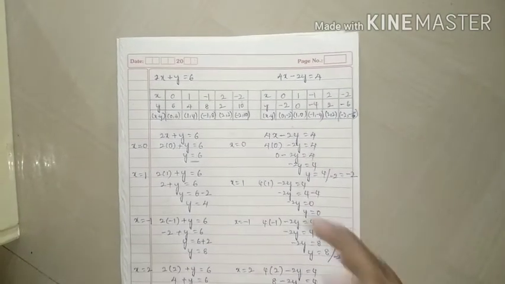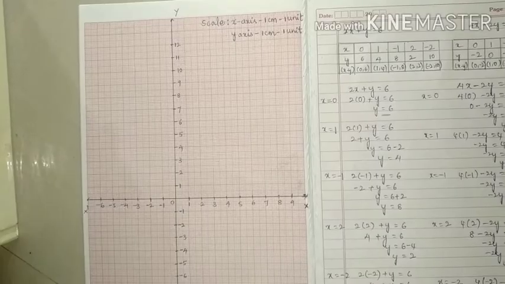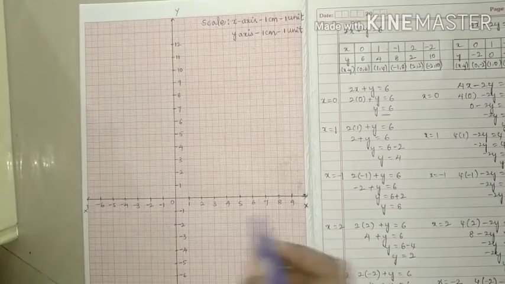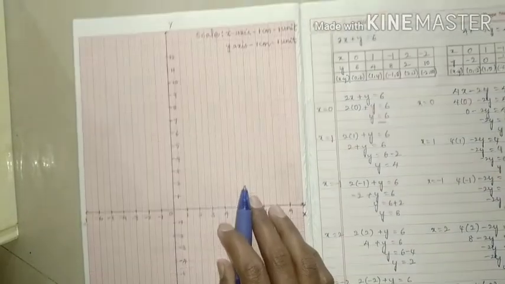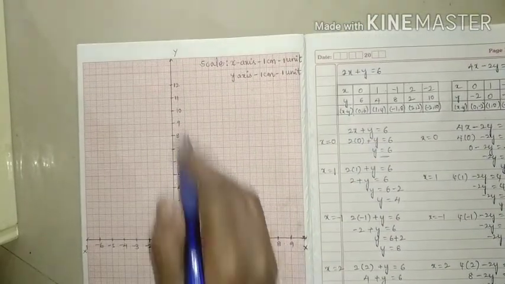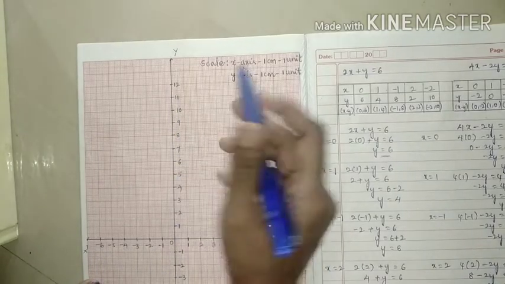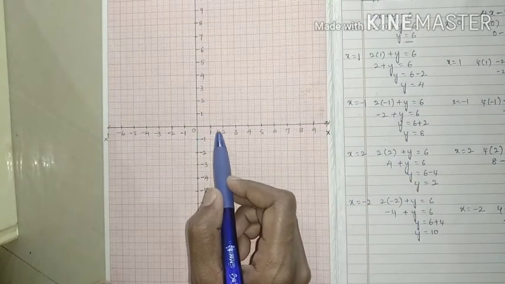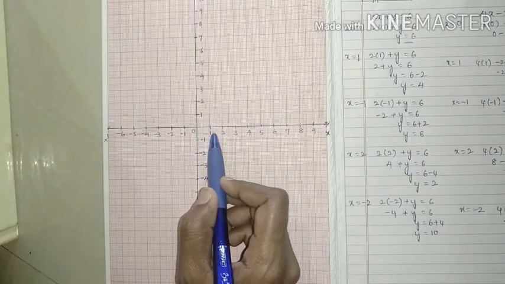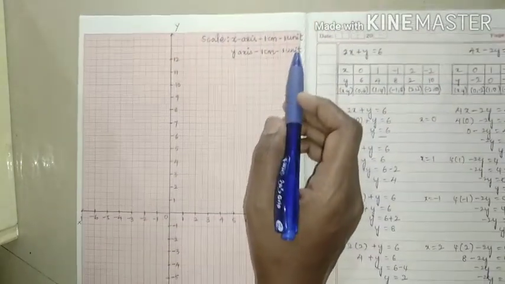So friends, the table is ready to plot the graph. Here already I have drawn the x-axis and y-axis, and after drawing the x and y-axis, we have to write the scale. Here I have considered each digit, that is 1 centimeter, as 1 unit.